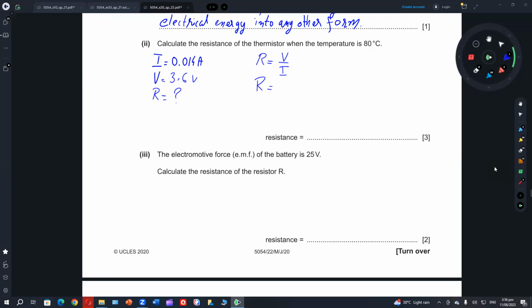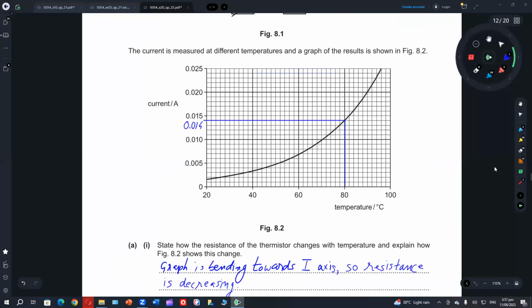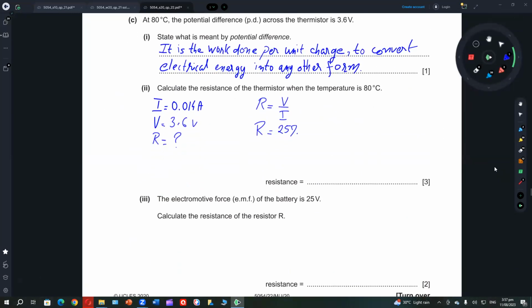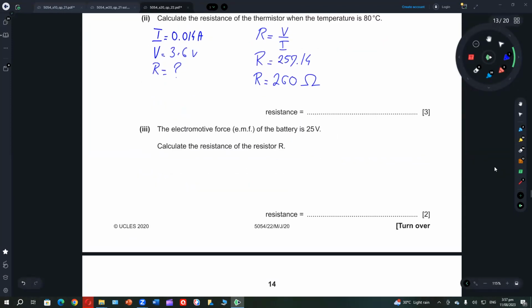Sorry, 257.14. So I've rounded it to 2 significant figures.